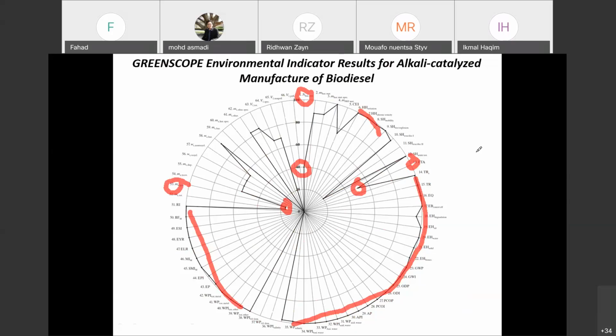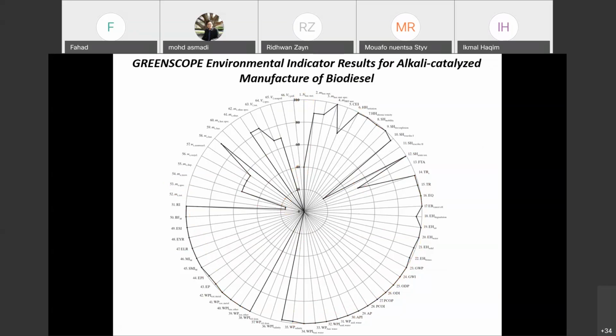I think in Malaysia also, last time I saw the lorry for McDonald's also using biofuel as their energy. So this is the green scope of the environmental indicator, the example mostly for biodiesel.